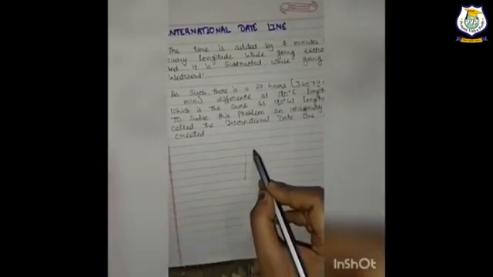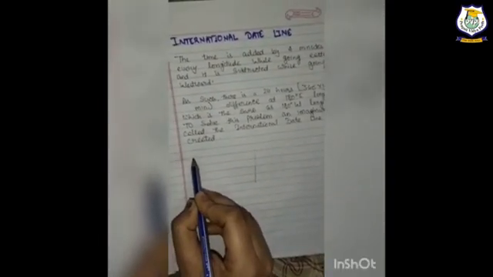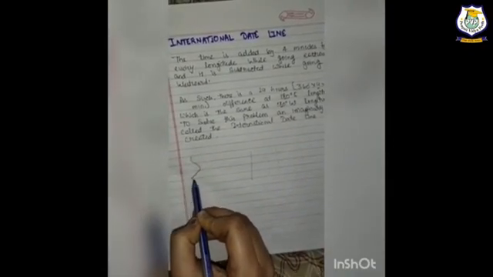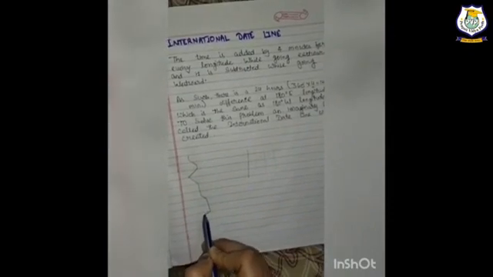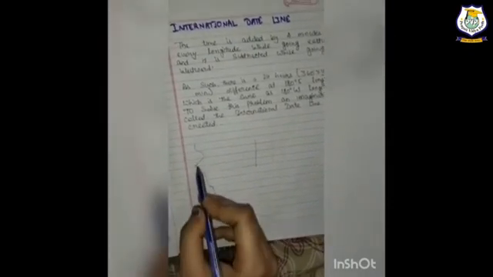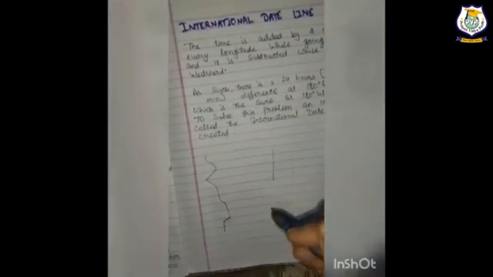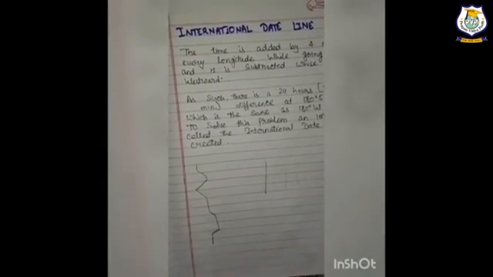All the meridians are straight, but the international date line is a zigzag line like this, keeping the island groups on either side of it.